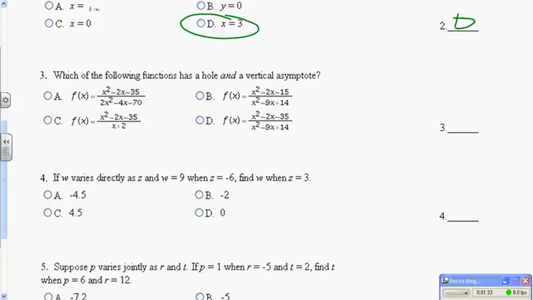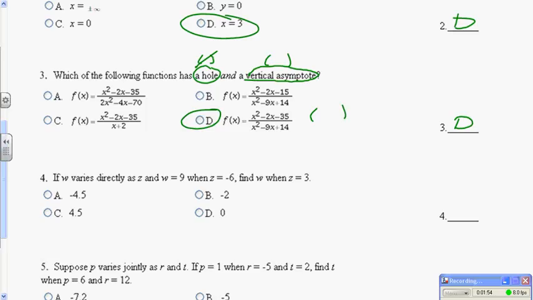Which one of these has a hole and a vertical asymptote? Now, since it has both, that means that this has something in the denominator that was canceled, and this one is in the denominator and it stayed. And the one that works, so you're going to have to factor each one of these to check that, and D would give you the right answer.